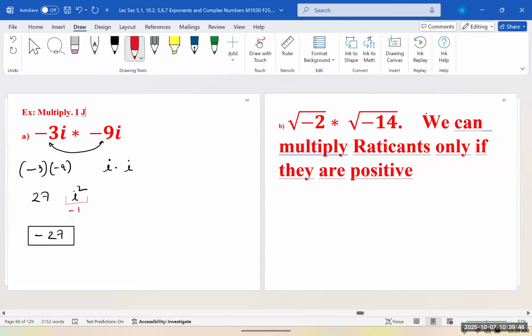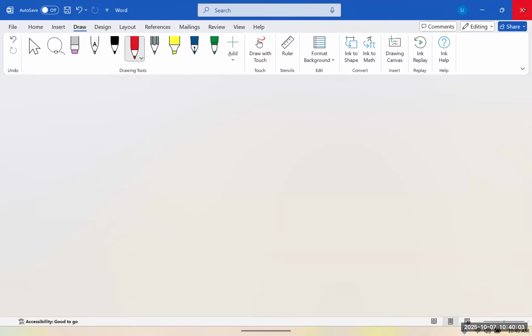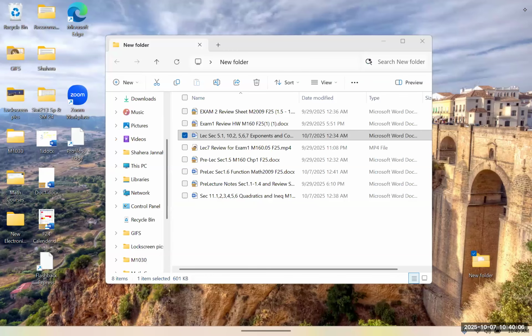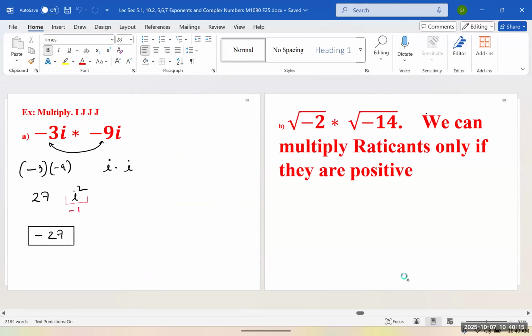Come on. Let me save it. Let me reopen it. Give me one second. I'm trying to reopen it. Cairo, finally you are here.